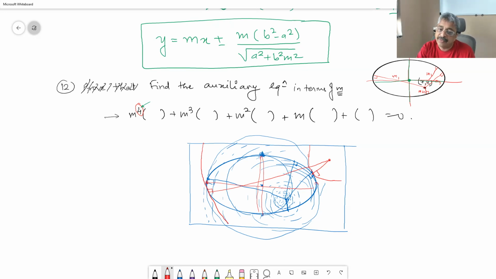But in advanced study of the ellipse, we will be able to find out the region inside the ellipse in which, if we take a point, we get four distinct normals. That is what we can actually find out in the syllabus.